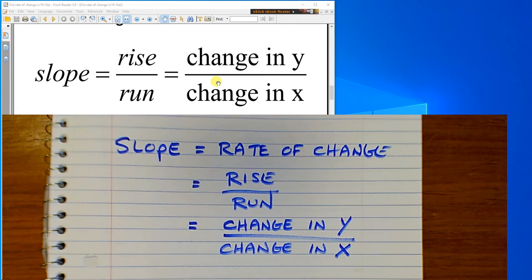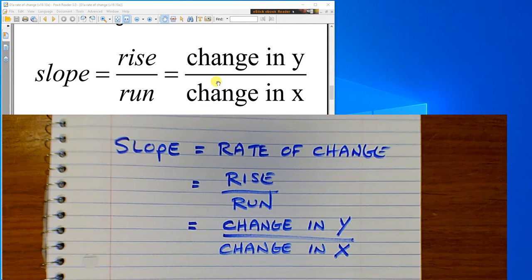Which actually makes sense because y is the rising axis and x is the running axis.